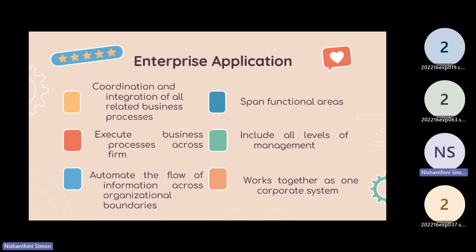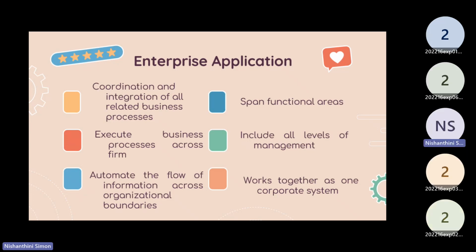So all the inputs, the data flow, the information flow will happen in a smooth way, and the entire business process will happen in a proper way. Through various divisions, various management levels, various employees, everyone will be accessing and using the same system. So as one corporate system, we can use this enterprise application.